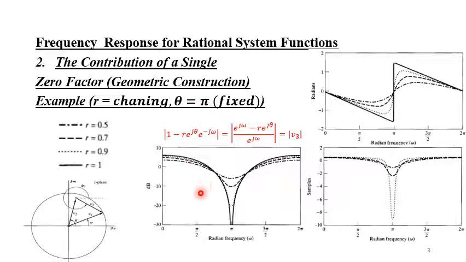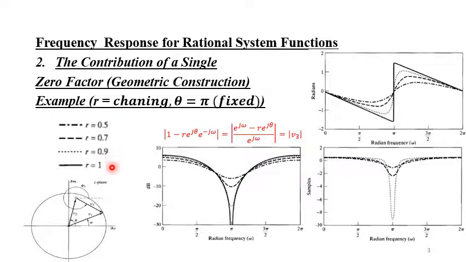So if we observe the frequency response, on the x-axis we have frequency, and on the y-axis we have the response expressed in dB. You can see that as the frequency increases, the response is decreasing for all the values of r mentioned here. The moment it reaches pi, we have a sharp decrease in the response.